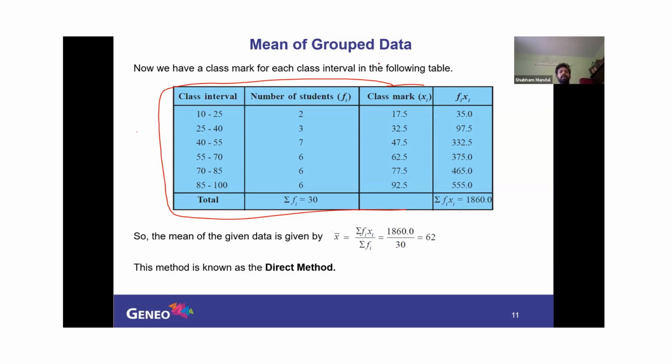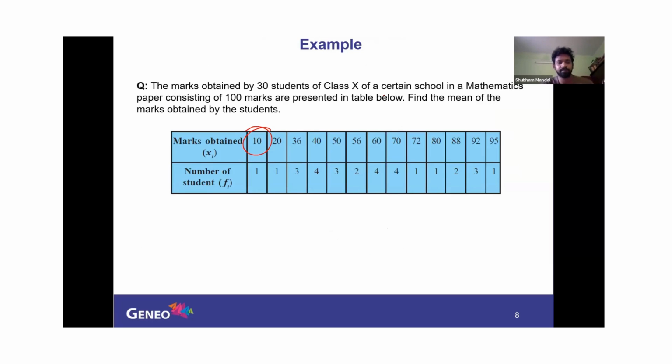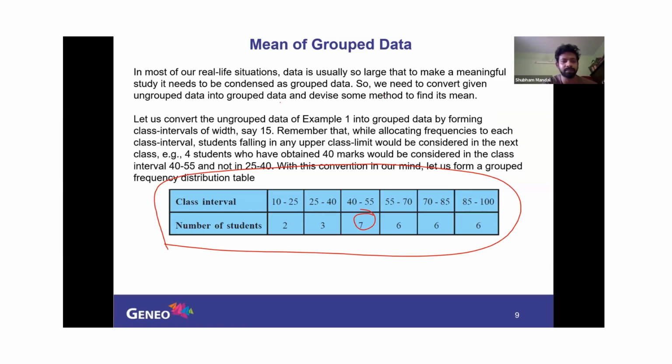So this is the indirect method. Sometimes the numerical values of xi and fi are very large. Okay, someone has a doubt in slide 8. Slide 8 is the question. I'll explain the indirect method first, because after this there is one more method.